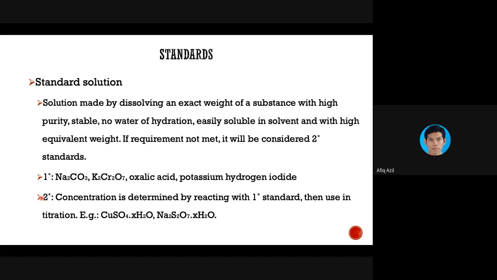Primary standard examples are sodium carbonate, potassium chromate, oxalic acid, or potassium hydrogen iodide. Secondary standards are normally prepared by referencing them to our primary standard. You have to react it with the primary in order to set the secondary standard.